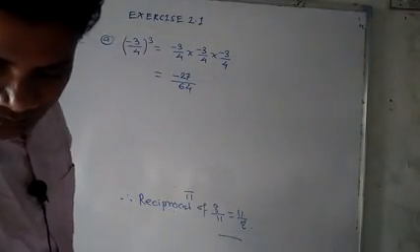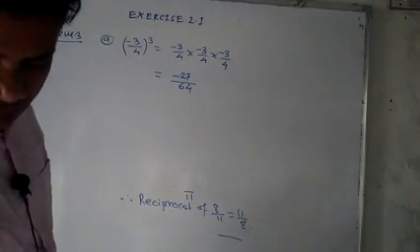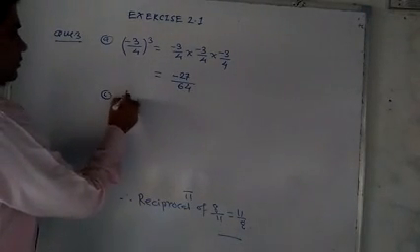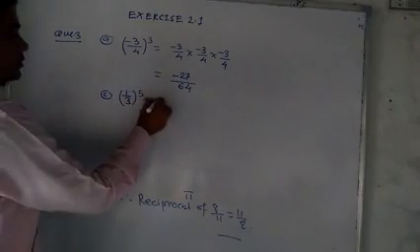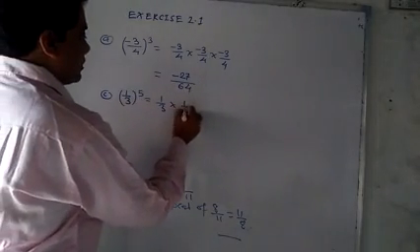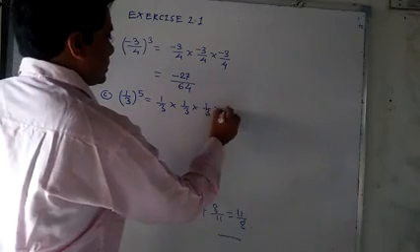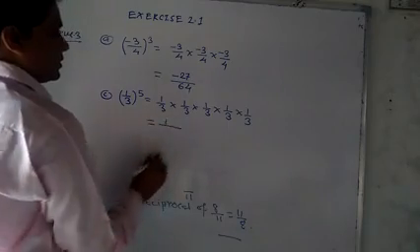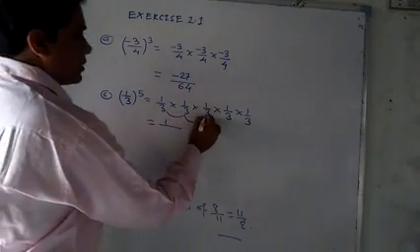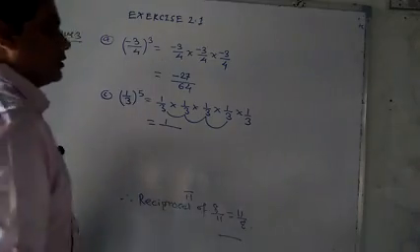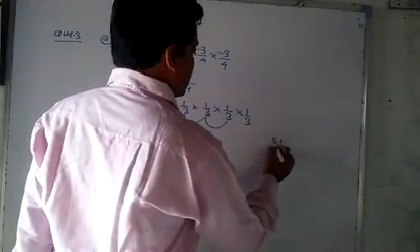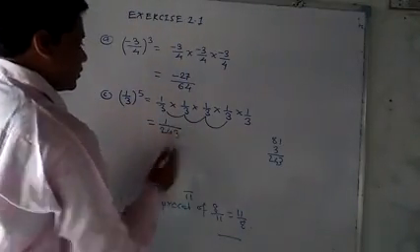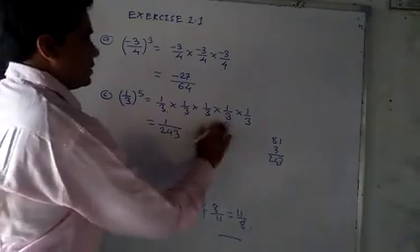Next bit C, 1 by 3 to the power 5 means 1 by 3 into 1 by 3 into 1 by 3 into 1 by 3 into 1 by 3, means 1 upon 3 3s are 9, 9 3s are 27, 27 3s are 81 and 81 3s are 243, means 1 upon 243.